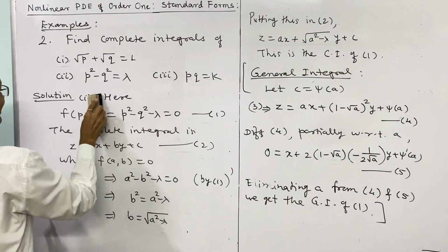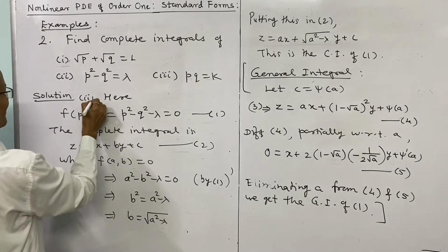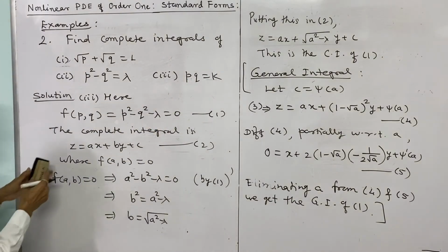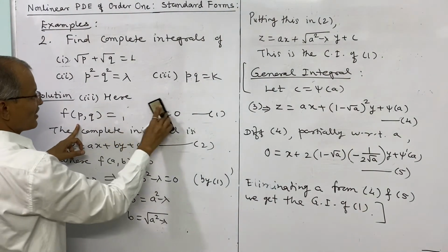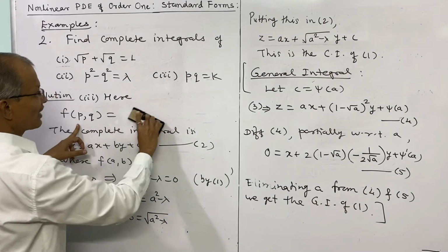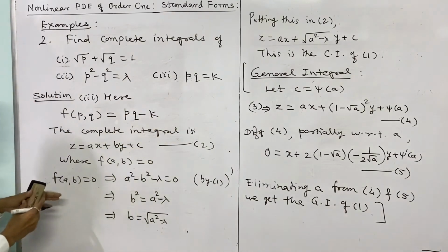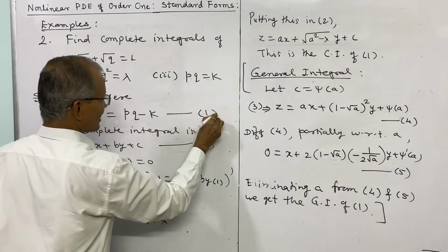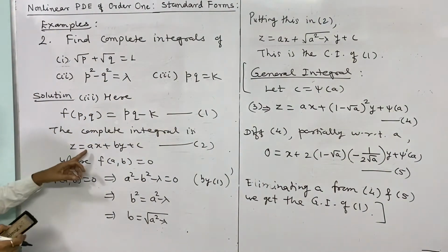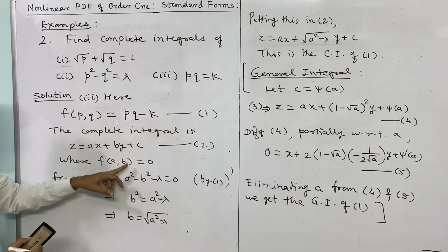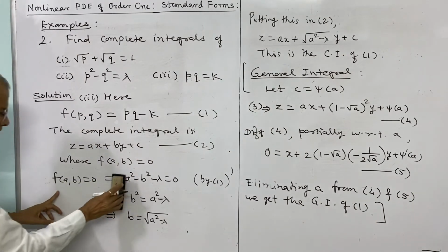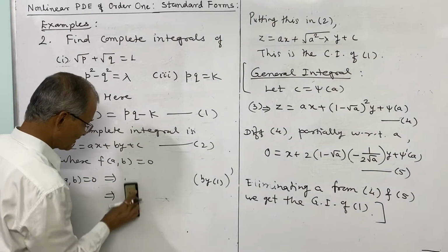Now for the third, you see what the function is here. F of p and q is p into q minus k, and this is 1, and the complete integral is again the same, where f of a and b is equal to 0.